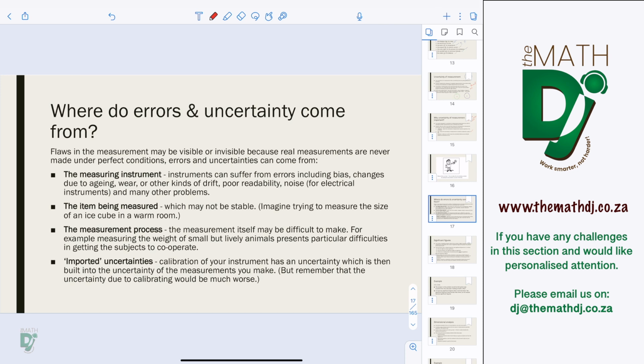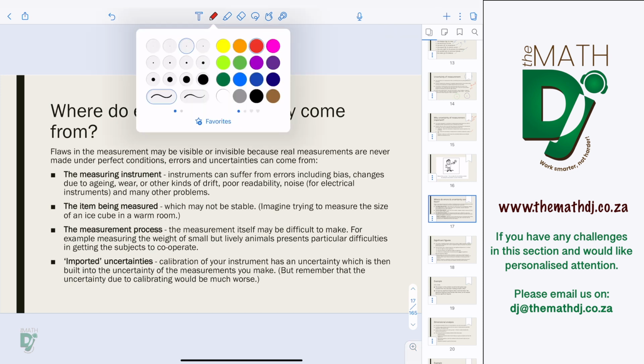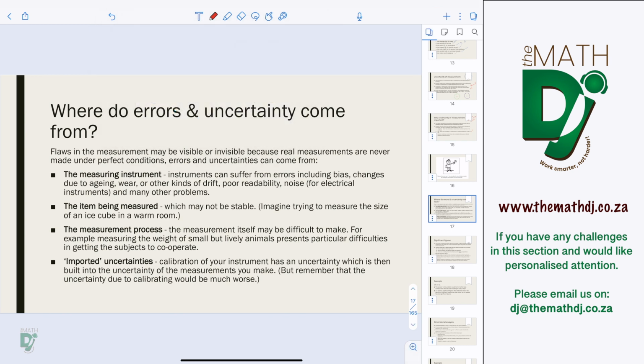So there is important uncertainty. Calibration of your instrument is an uncertainty which is then built into the uncertainty of the measurements you make. But remember that the uncertainty due to calibration will be much worse. Let's say the ruler you are using, your measuring instrument, has an error.